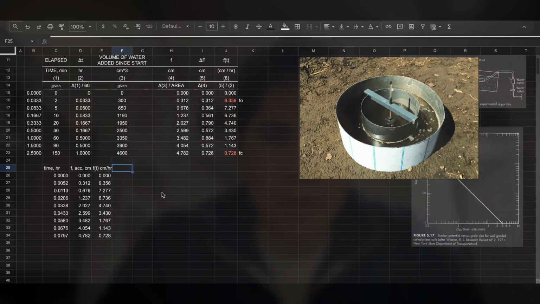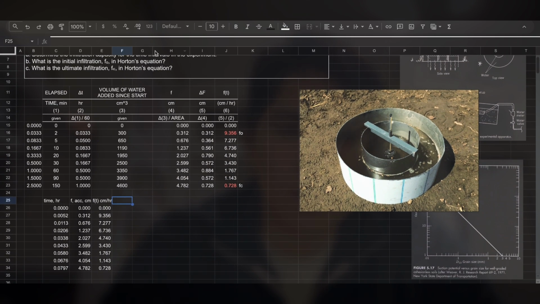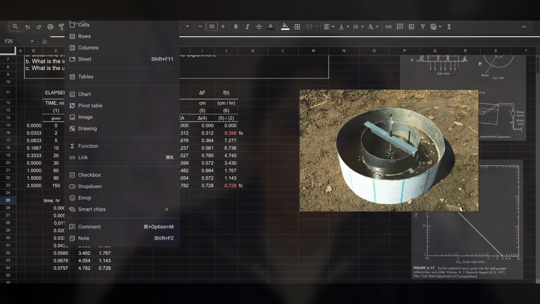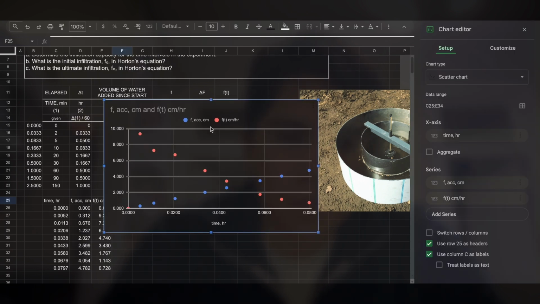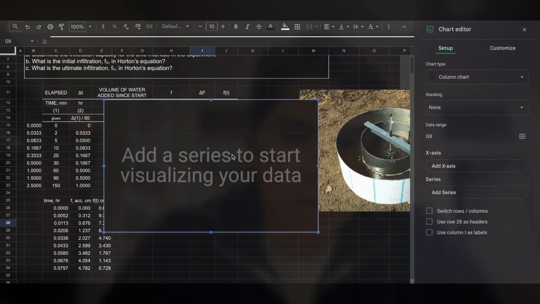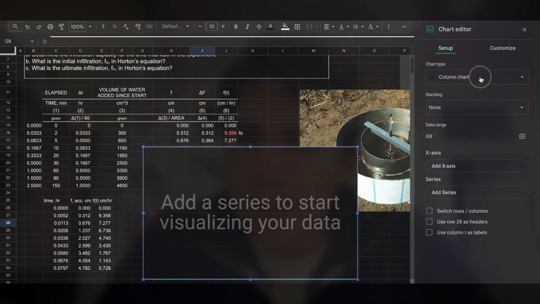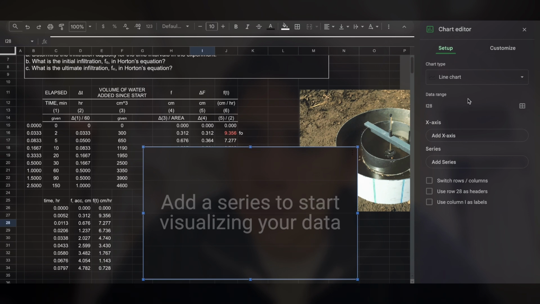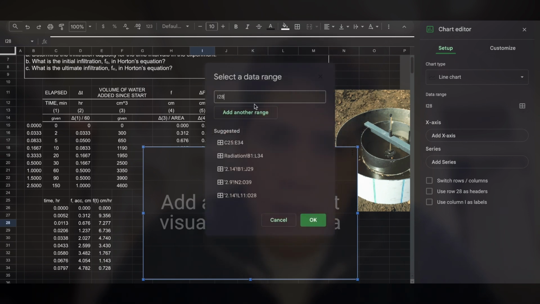Now, the reason I paste them back here is because spreadsheets is a little tricky to work with charts. I like Excel better, but we're going to insert a chart. Let's click somewhere here, insert a chart that is empty, and let's proceed to use the line chart. And then the data range, it asks us to include the data range, which I will omit the zeros.